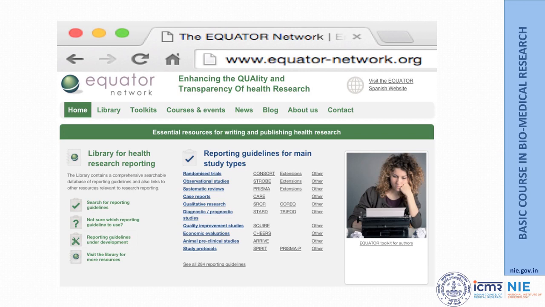Now, as a resource material, I would like you to take a look at this website, which is called equator-network.org, and this is a website which would be very useful for you to develop study protocols. It has a lot of links and a lot of resource material. One of the important ones, right there on its home page, is what they call the reporting guidelines for main study types.